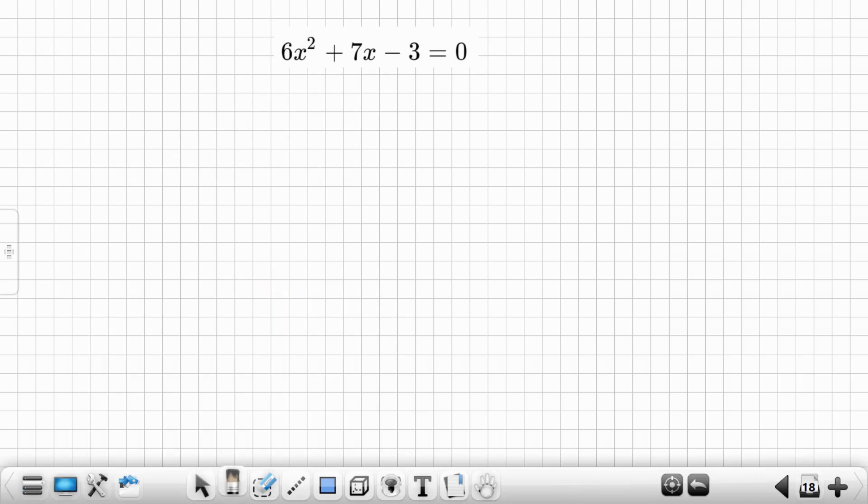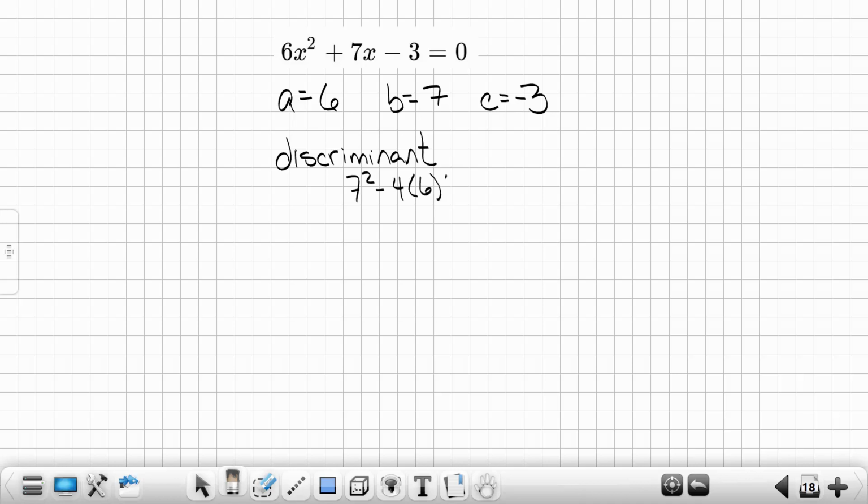Using number 4 as an example, Victoria, I'm using the discriminant, which is b squared minus 4ac. Let's go ahead and label my a, b, and c. Victoria, what's a? What's b? What's c? Okay. So my discriminant is b squared minus 4 times 6 times negative 3.